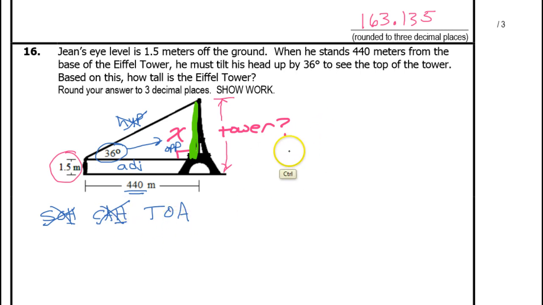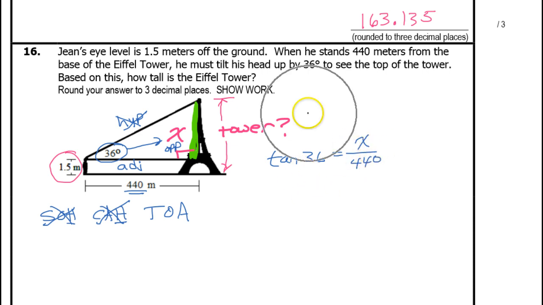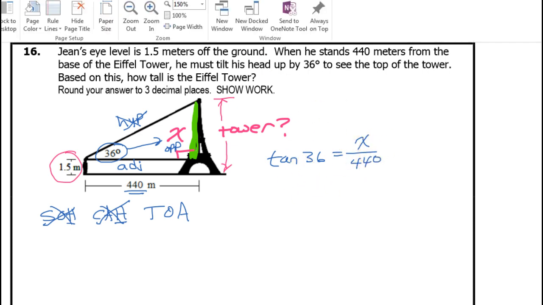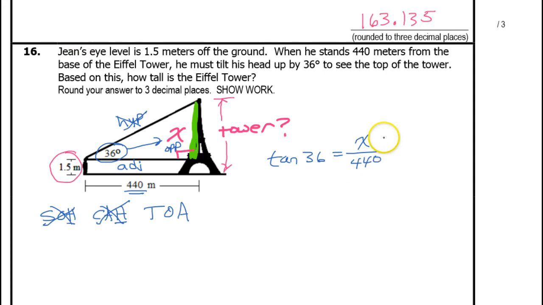So that's why we're going to do tangent of the angle we circled is equal to opposite over adjacent. That's X over 440. All right, when the variable is in the numerator, that's when you multiply.